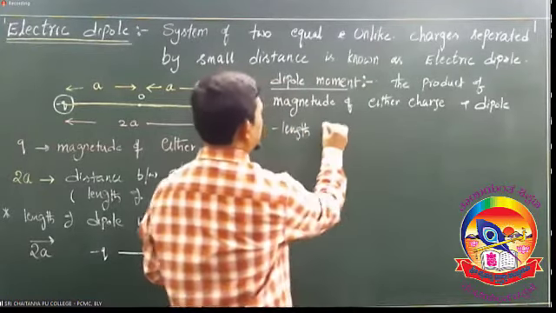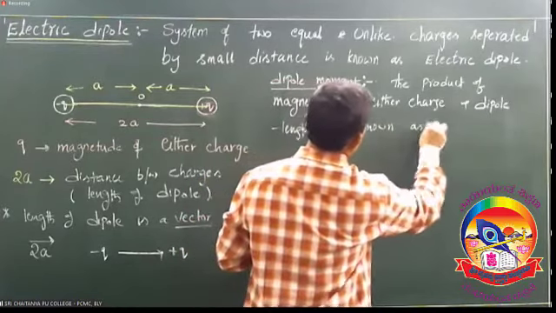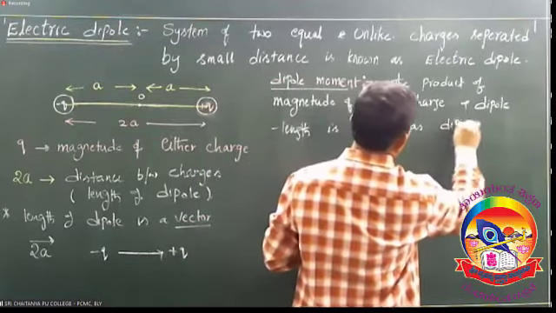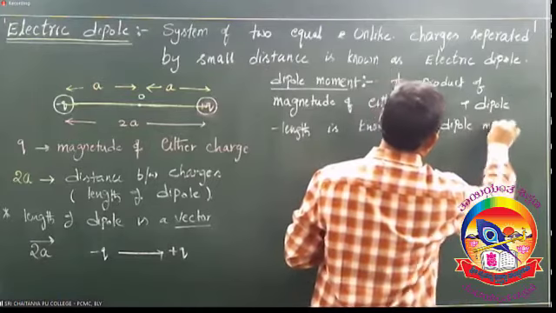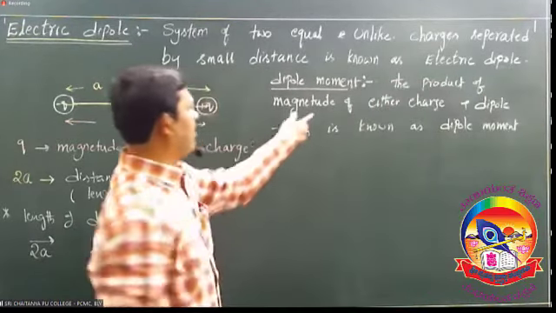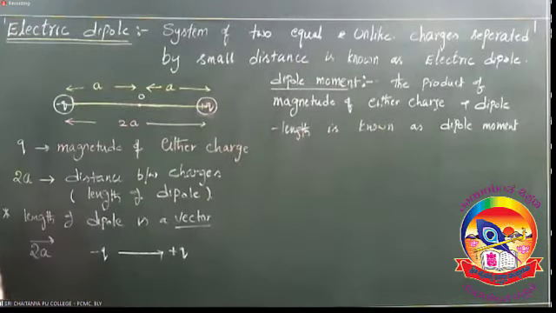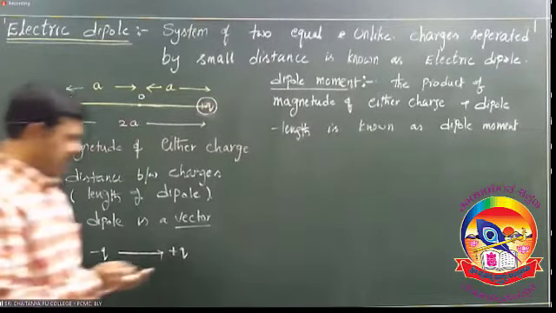The product of magnitude of either charge and dipole length, or length of the dipole, anything you can take, is known as dipole moment.